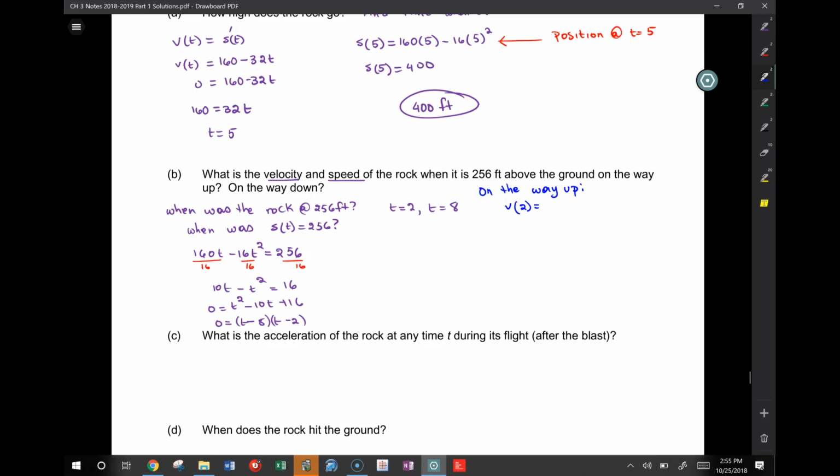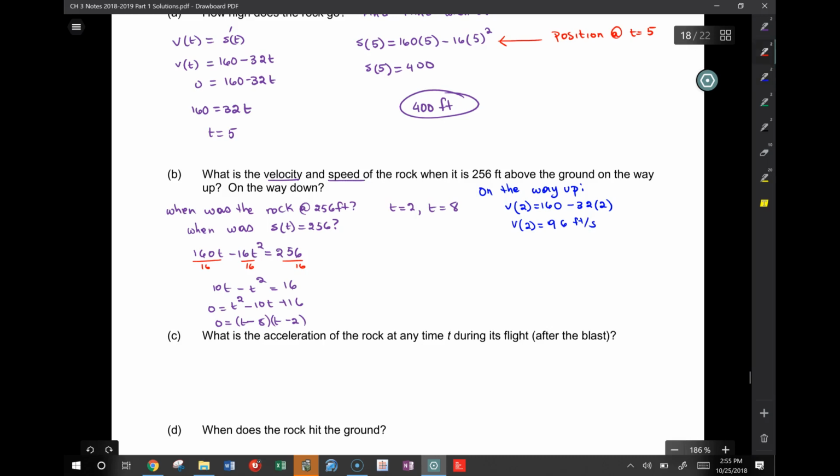The velocity at t equals 2, that's 160 minus 32 times 2, right? I'm plugging it into the velocity function that I found before. So v of 2 is equal to 96 feet per second.